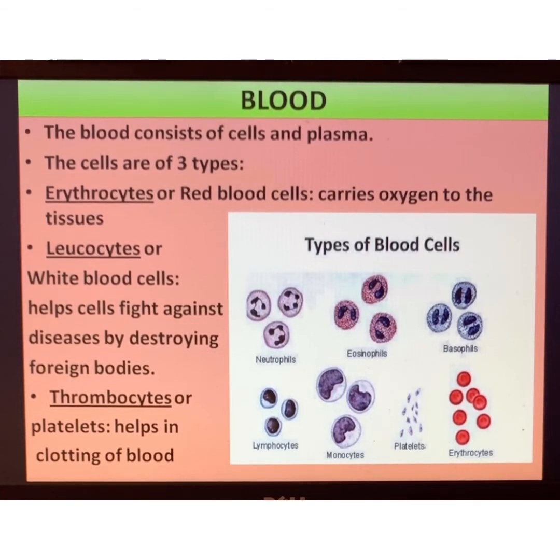Then come your white blood cells or leukocytes. Now the white blood cells are the main soldiers of the body. They help in fighting against diseases by destroying foreign bodies.